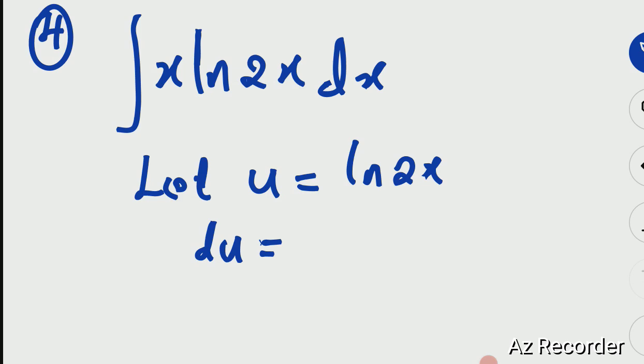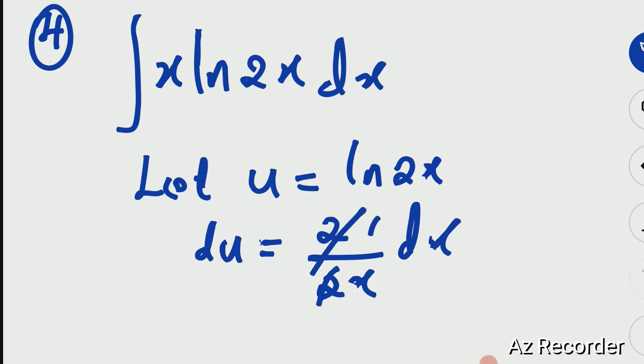When you differentiate 2x, you have 2 divided by what you had, which is 2x, just like when you differentiate ln x you have 1 divided by x itself, with respect to x. So the 2 cancels out, and we still have 1 on x.